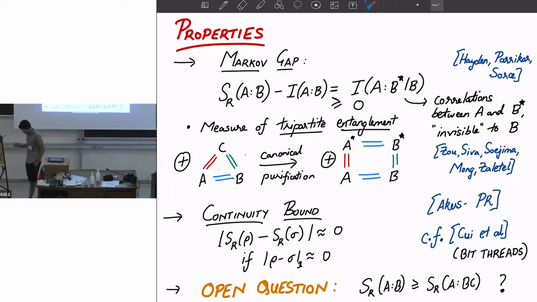And I should mention that there's a caveat in all of this, which is there's a technical condition you need for something to be a correlation measure, which is that the correlations measured by the reflected entropy between A and B should be strictly larger than, did I mess that up? I think it's the opposite way, sorry.